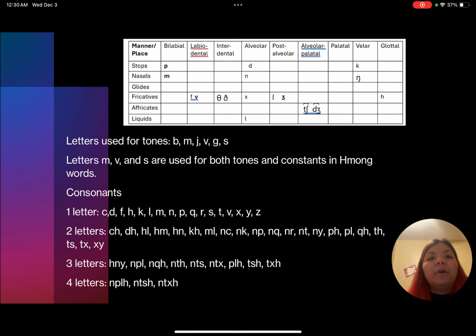For any word in the Hmong language that has an N in the beginning, they do pronounce it. It's a nasally sound, as you can see. Let's go to a two-letter consonant, like NYOB. The word nya is very common because that's how we say hello.